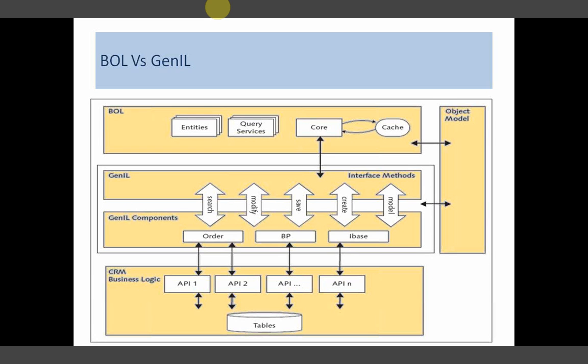From a model to BOL to GENIL to the underneath API to tables, from the tables to the API to the component, and the data is transferred to the core. The data is stored in the entities, and the same replica is stored in the cache. As of now, take this as granted. Strictly speaking, there will be a few variations when we go into the coding part and discuss the business object deeply.